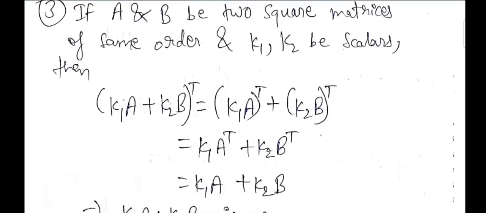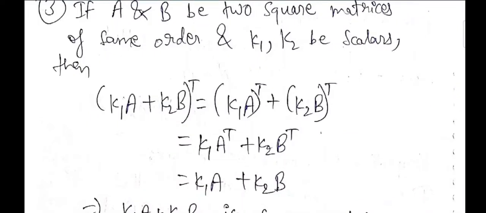K1A plus K2B, when I try to take its transpose, clearly it is K1A transpose plus K2B transpose. I had already told you in the beginning what the properties of transpose are. Transpose follows the distributivity property.